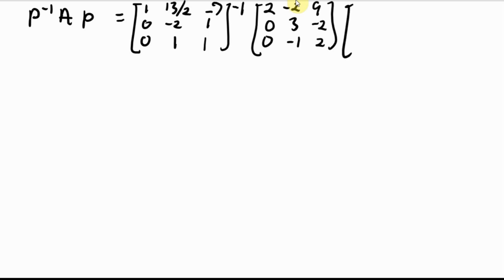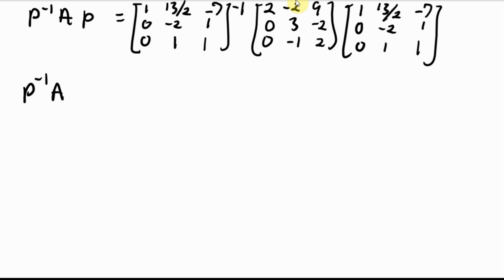And then times the matrix P. So what I'm saying is I never solved for P inverse. I just put the matrix P and raised it to the power -1, then times the matrix A, then times the matrix P.